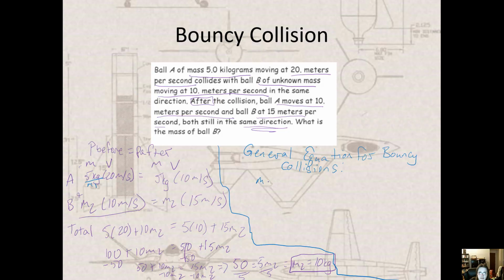So we write that down, mass 1. This is velocity 1. We have that. This is mass 2. We added them together. This is velocity 2. That's set equal to the other side. This is mass 1. It didn't change. This is velocity over here, but it's velocity 1 prime.